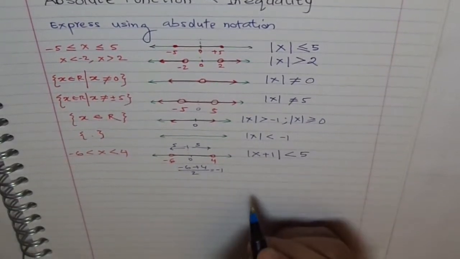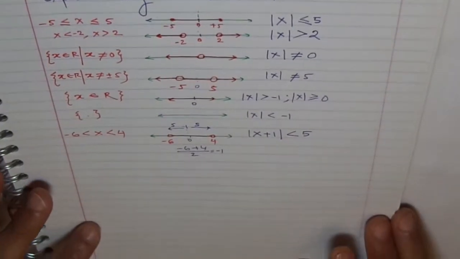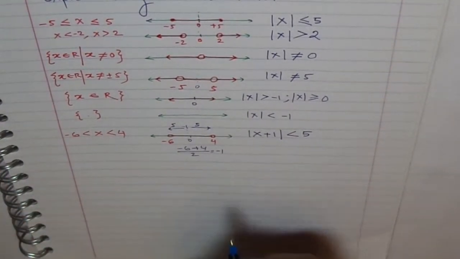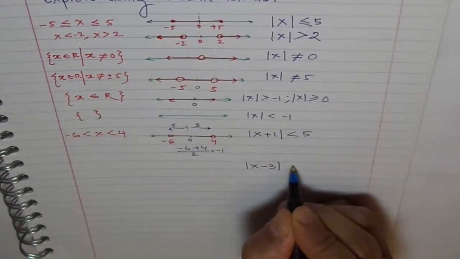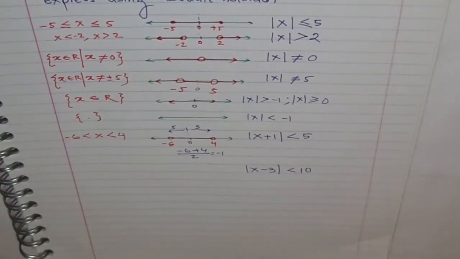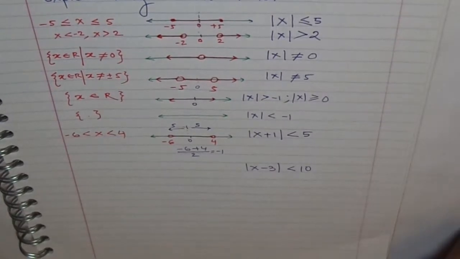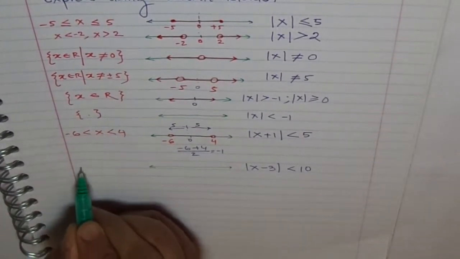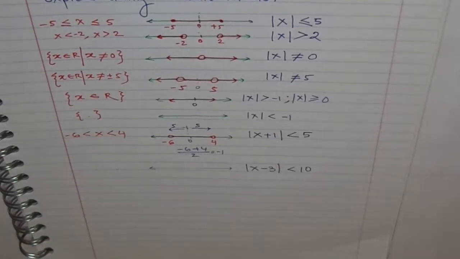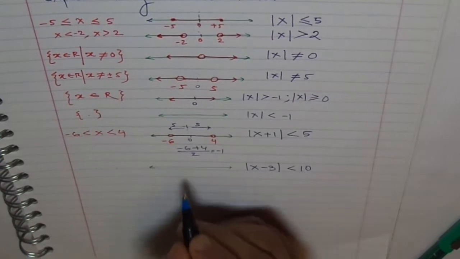Let me go the other route: I'll write an inequality now and you give me the solution. If I write absolute x minus 3 is less than 10, can you show it on the number line, or can you tell me what the inequality should be? Well, let's look into it.